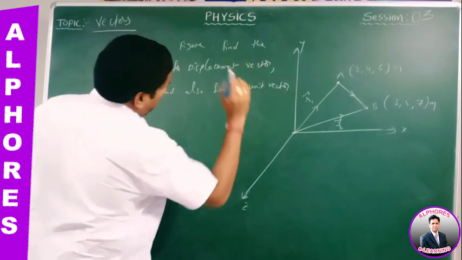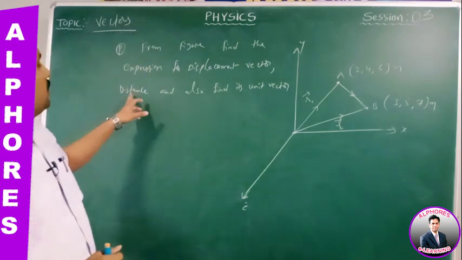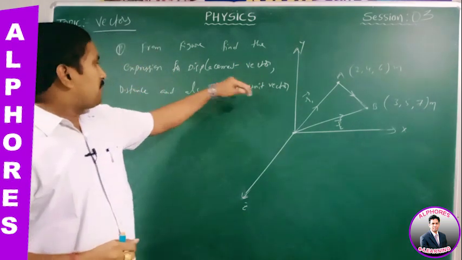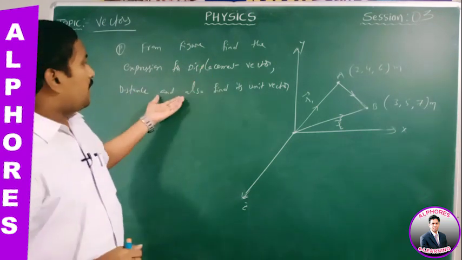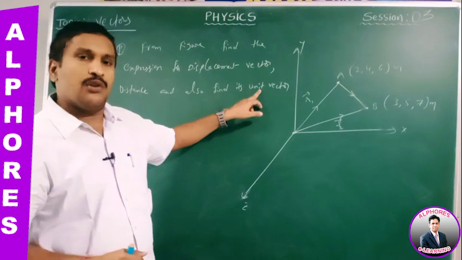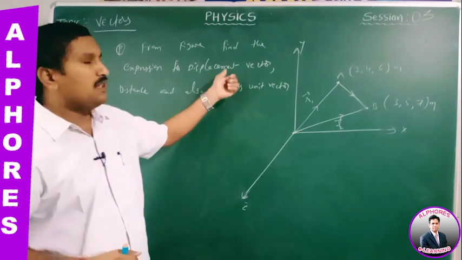So this is the actual question. Sometimes they ask to find the displacement vector, and sometimes they ask in this way to find the distance of the given position vector, and sometimes they also ask for the unit vector for the given displacement vector.